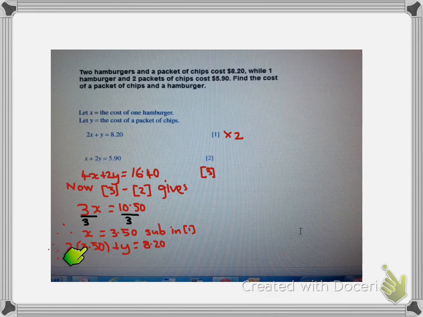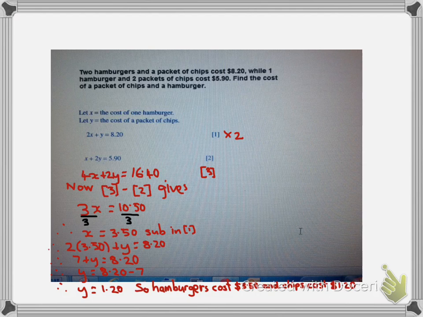So 2 times $3.50 plus y equals $8.20. So 7 plus y is $8.20. So y must be $8.20 minus 7, which is $1.20. So hamburgers cost $3.50 and chips cost $1.20.